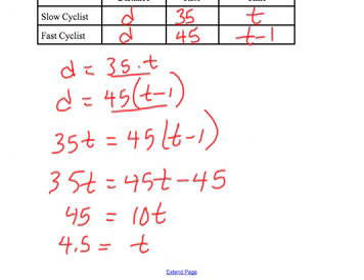Therefore, it'll be about 4.5 hours before the one cyclist catches up to the other cyclist. So it's probably, I don't know, Medicine Hat or so, if they left Lethbridge and headed east, somewhere around there they would meet up.